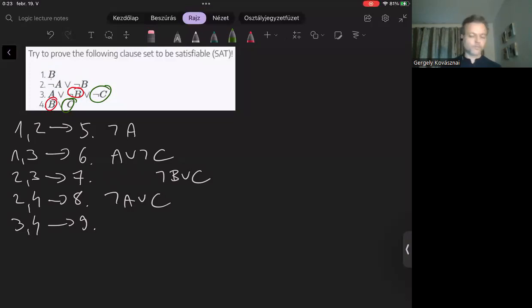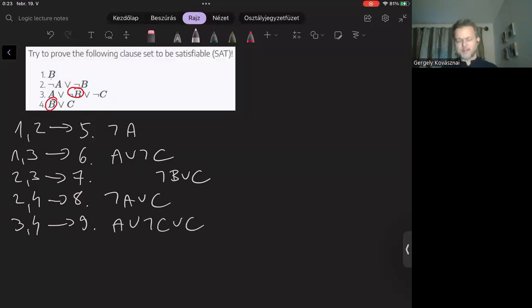In fact, we can eliminate only one of them based on the definition of a resolvent. So we have to pick either not B and B or not C and C.